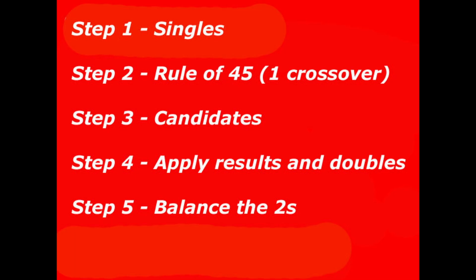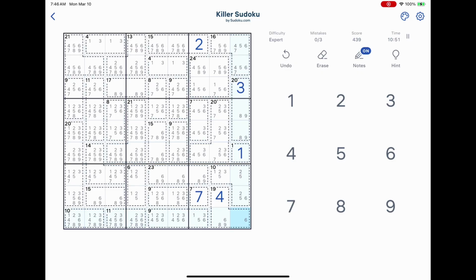Step 5. Balance the 2s. Block 9. Complete the sum. Balance the first 9 sum in row 3.